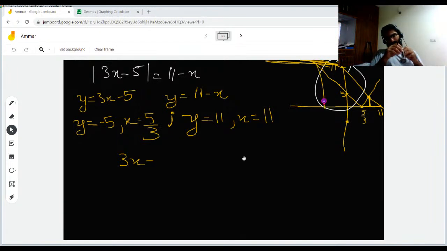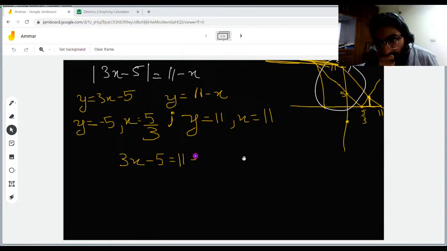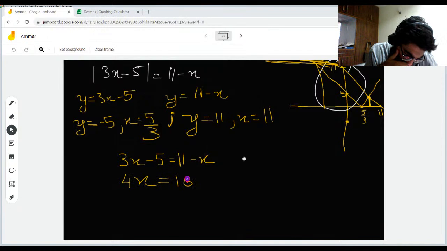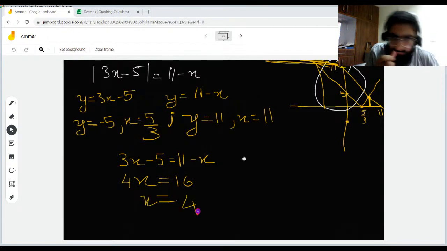Okay, and then 3x minus 5 is equal to 11 minus x. So it becomes 4x is equal to 16, and so x is equal to 4. Then the other side: minus 3x plus 5 is again equal to 11 minus x.